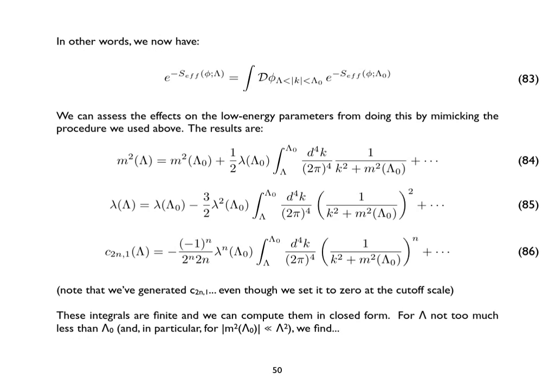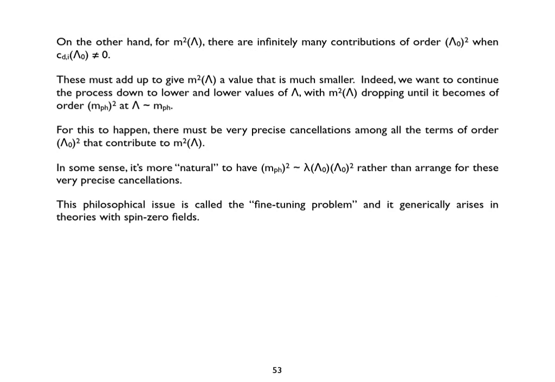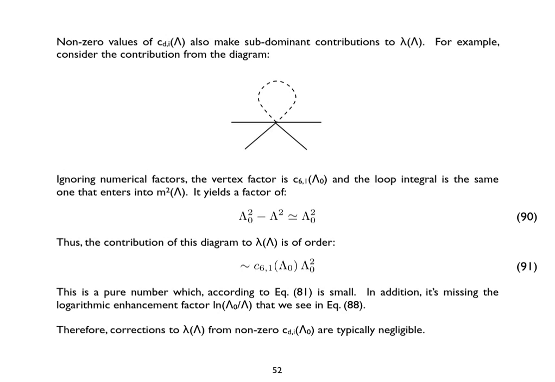There's a lot of technical stuff and details, but I'll just let you read this on your own. Just know that it's a different approach, and it's used a lot in model building because a lot of times you don't want to write down the full theory, because you don't know what it is.